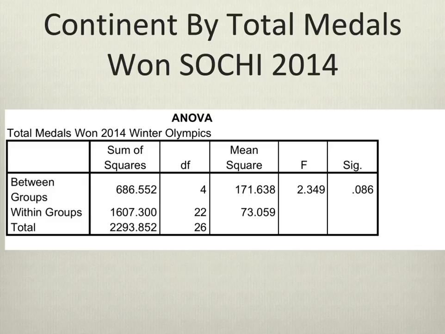I think that the difference in the number of nations per continent may have had an effect. I'm going to be including the summer data and weighting the data in the future to test it again. One thing I might want to do here is still take a look at the measure of association to see if I'm going to see any evidence of a relationship that might lead to me wanting to pursue these next steps.